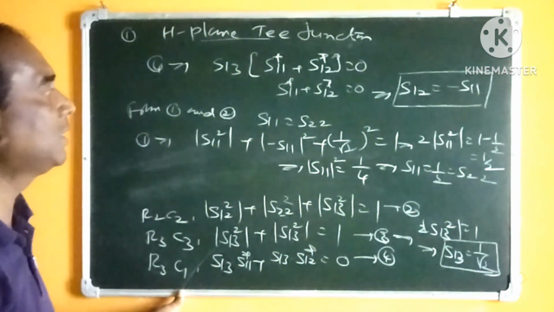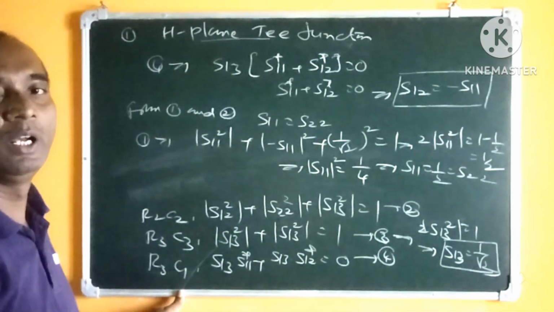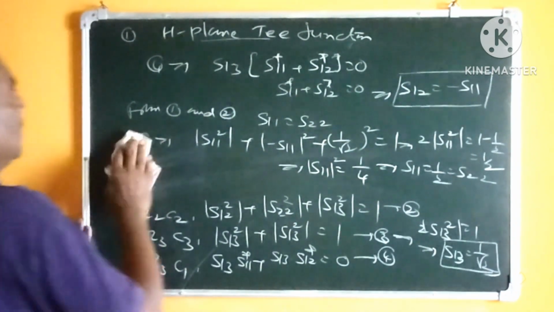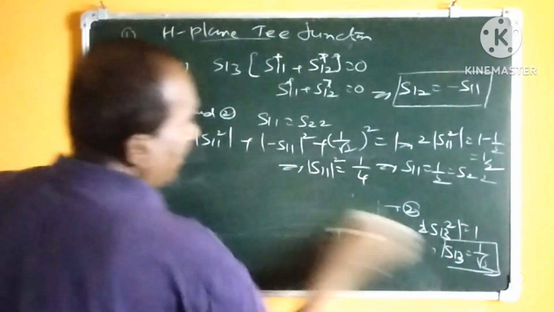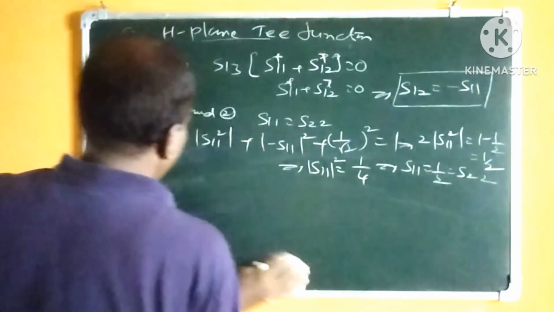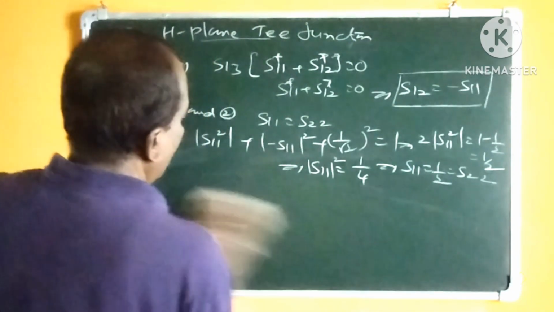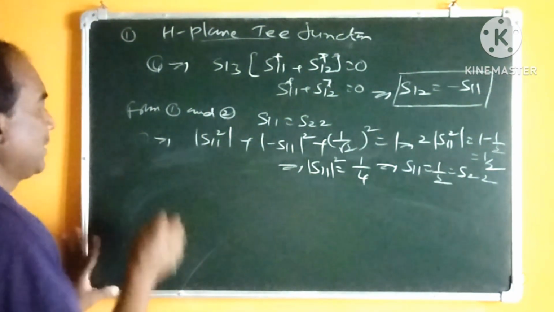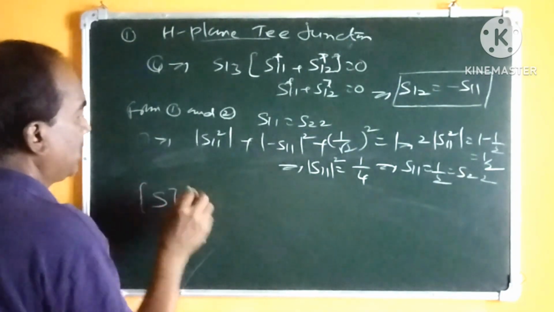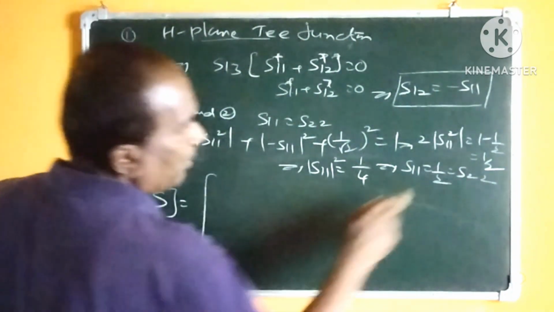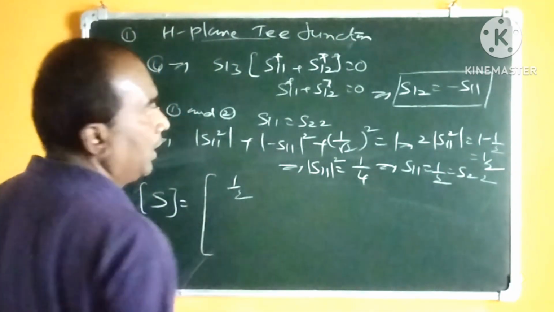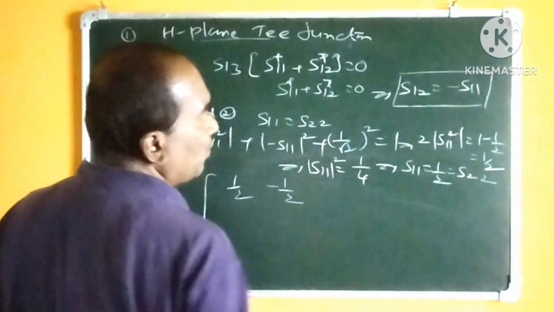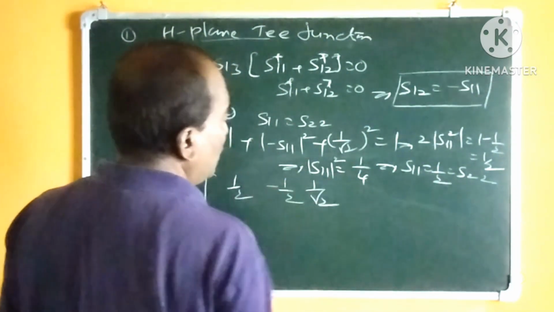Now by substituting these, we have the S matrix of the H plane T. S equal to: S11 is 1 by 2, S12 is minus 1 by 2, S13 is 1 by root 2.